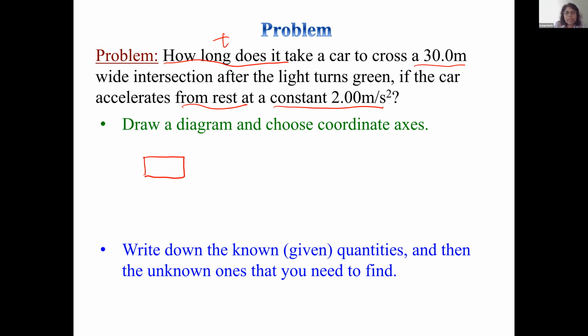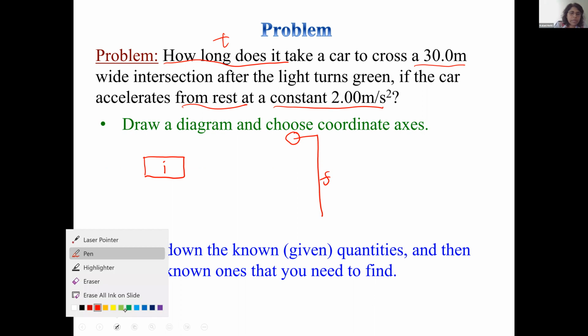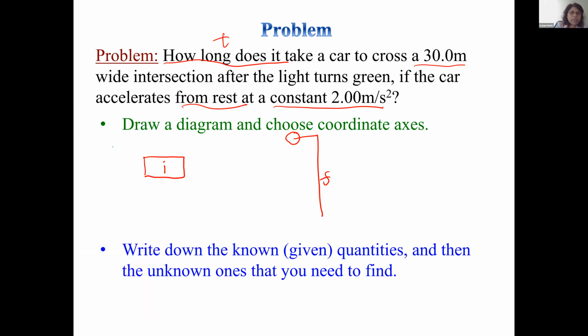So I have an object in here and there is a color light here, right? So now you're going to start in here and this is where you're going to end up, right? Now you need to choose the coordinate system first. Choosing the coordinate system is very important in this one.